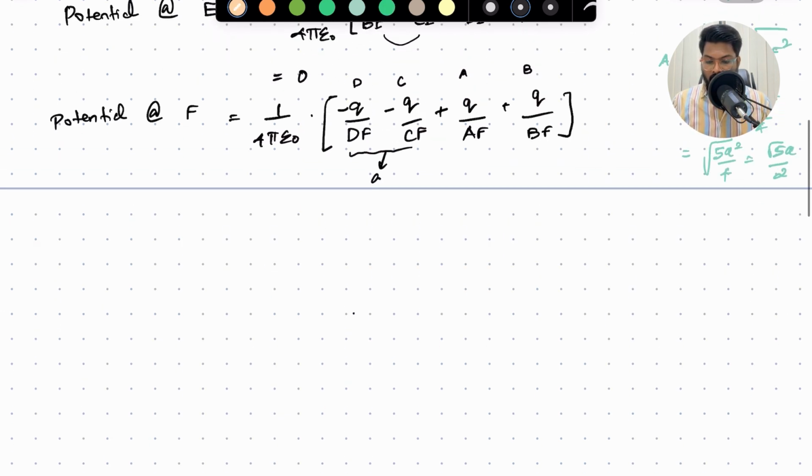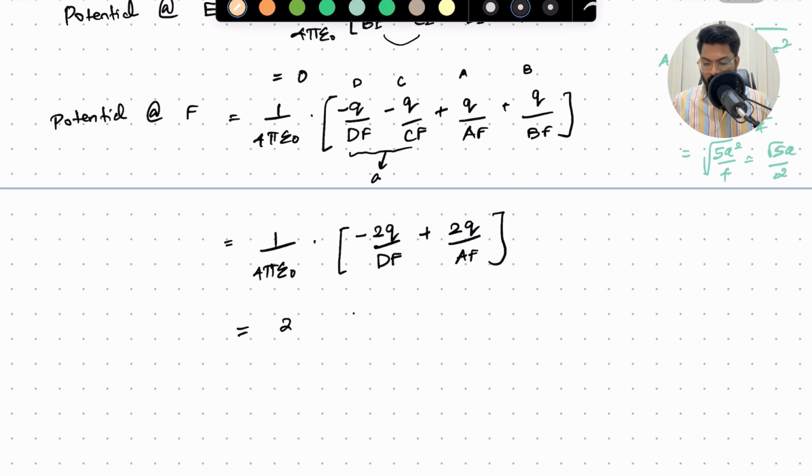Alright, if we proceed further, 1 by 4 pi epsilon naught, then I could take this as minus 2Q by DF, because DF and CF are equal, plus 2Q by AF. Now let me take 2Q out. It becomes 2Q by 4 pi epsilon naught into minus 1 by DF.